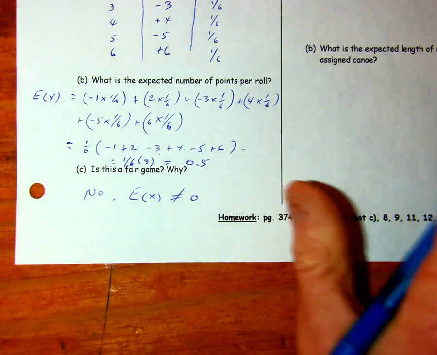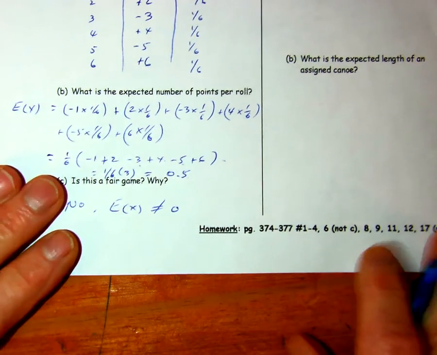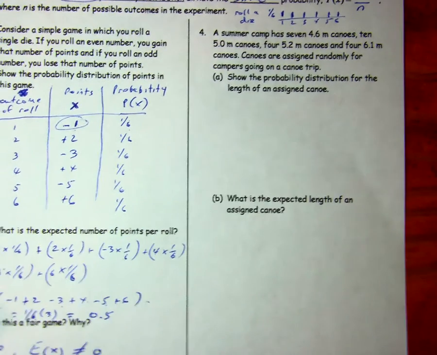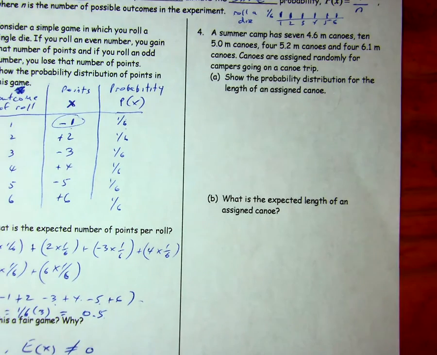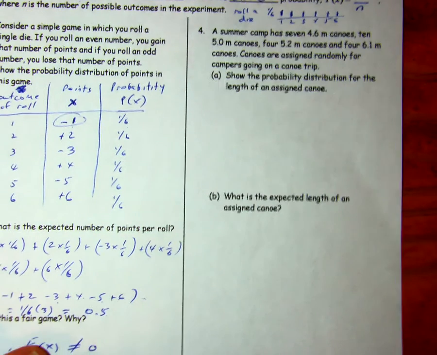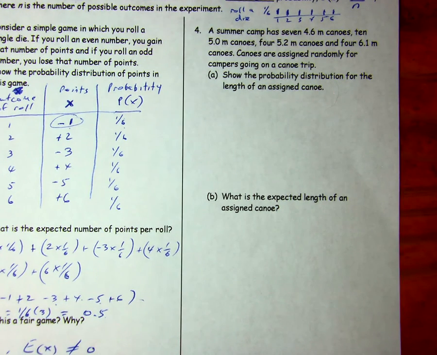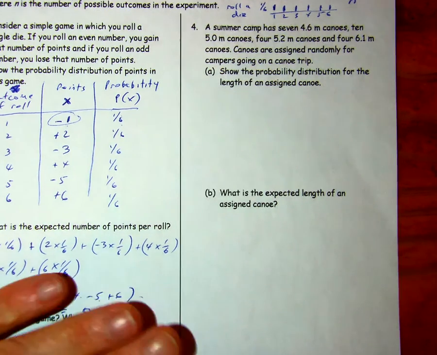All right, let's do number 4. I think both these examples came right out of the book. A summer camp has 7 4.6 meter canoes, 10 5 meter canoes, 4 5.2 meter canoes, and 4 6.1 meter canoes. Canoes are assigned randomly for campers going on a canoe trip. Show the probability distribution for the lengths of an assigned canoe.